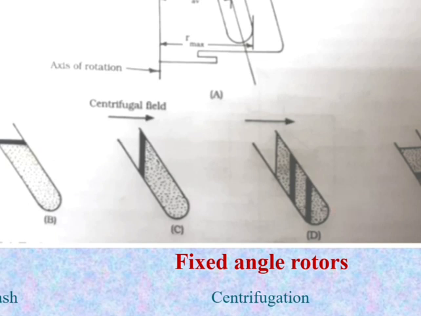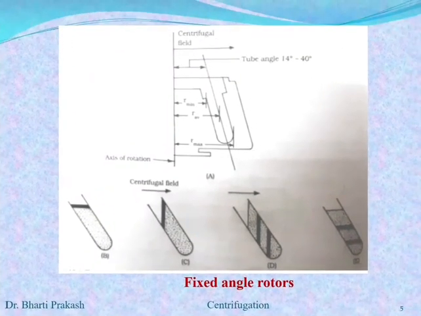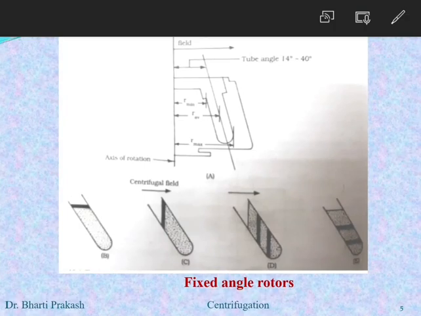And the last figure, figure E, shows that the gradient reorients as the rotor stops. When the rotor stops, the gradient reorients. So this is how the fixed angle rotors work.